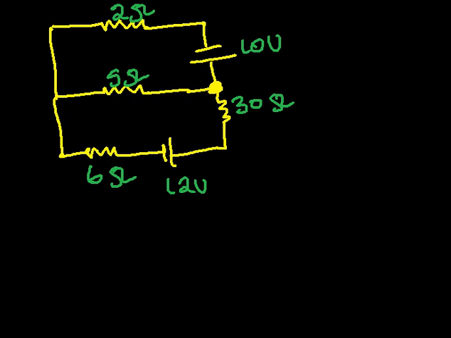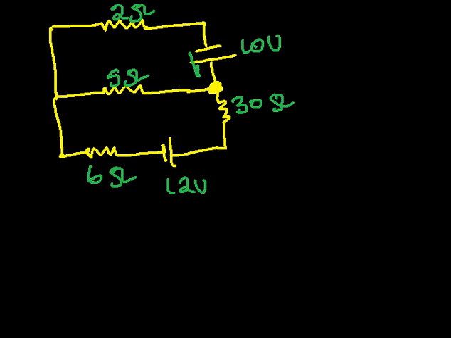So at this junction, let's say we should have the current I1 flowing towards the junction. Now this is happening because the currents are not being given, so you give them on your own.